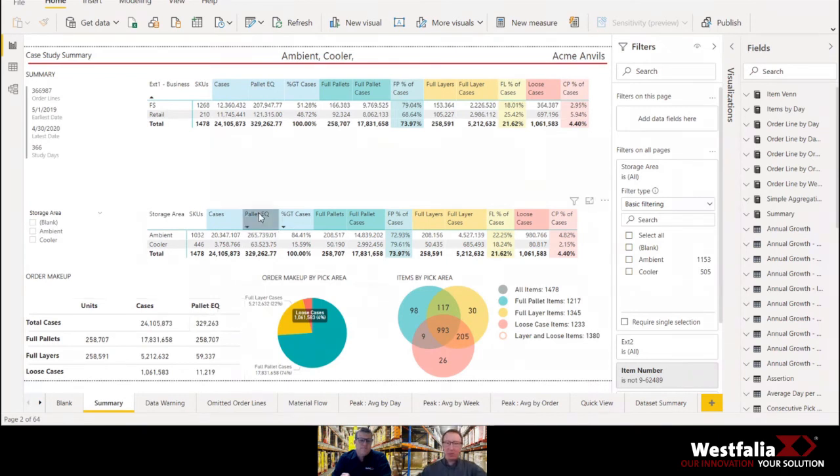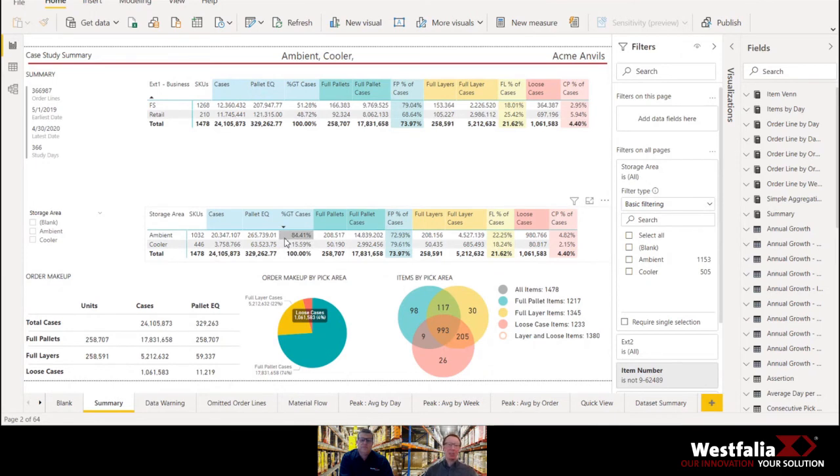Yeah, so the first thing I like to do is, this is a summary page that shows us 1 year worth of order lines. And like you said, we have two storage areas here. We have an ambient or a dry storage, and we have a cooler. And the cooler is shipping about 16% of the total volume, and the ambient ships about 85% of the volume.